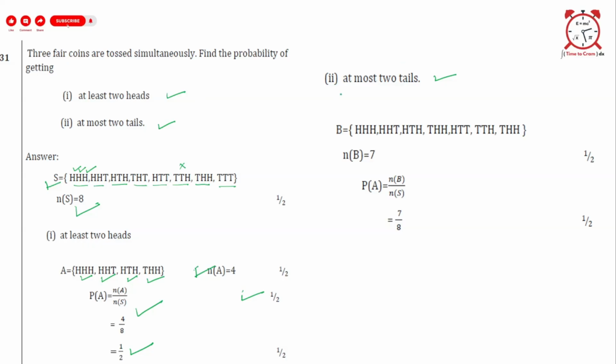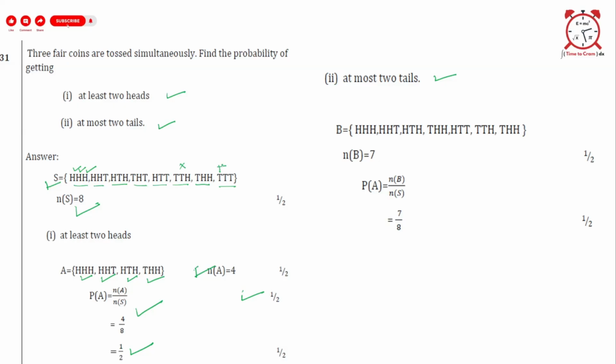Second question, at most 2 tails. At most means if fewer tails come, then it's okay. Even if no tail comes, it's okay. So at most 2 tails, which is why 3 tails are not required here; at most 2 means up to 2 tails is okay.